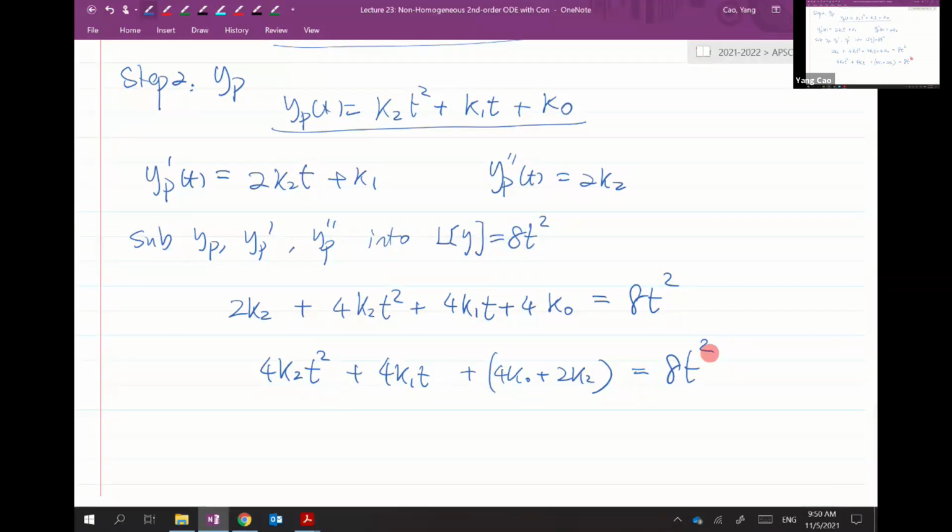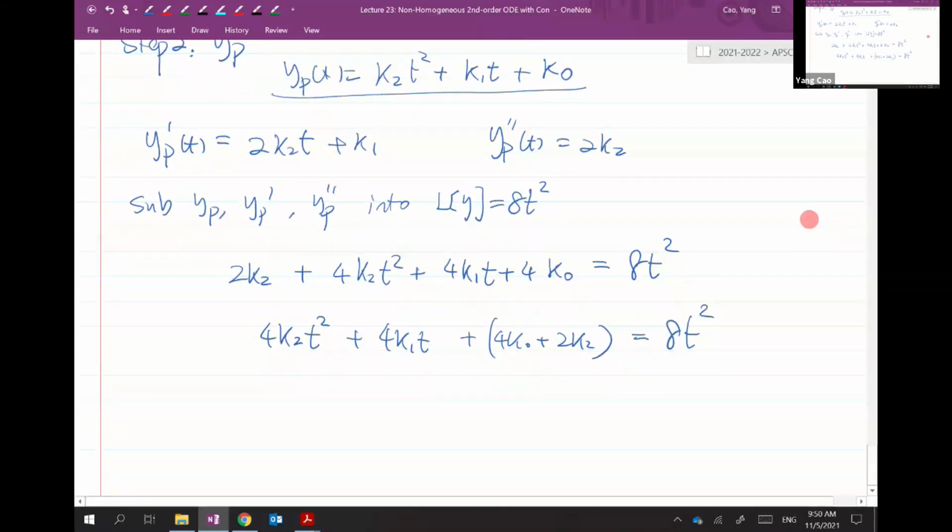Okay, so once you're over here, then there's a technique. Look, you have a left equal to the right, and the left and the right are both polynomials of the same order. Highest order is 2, highest order is 2.